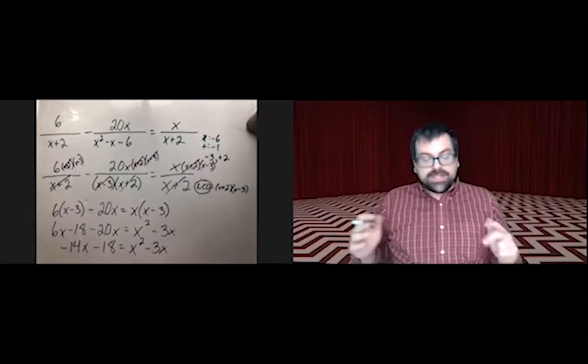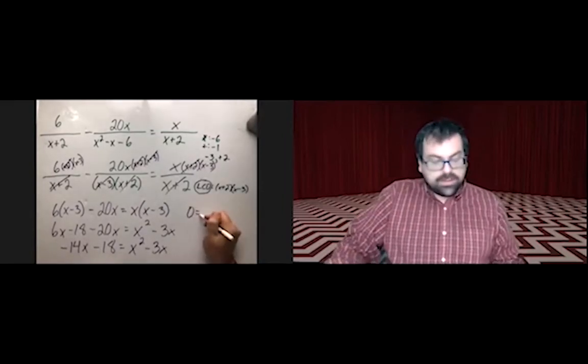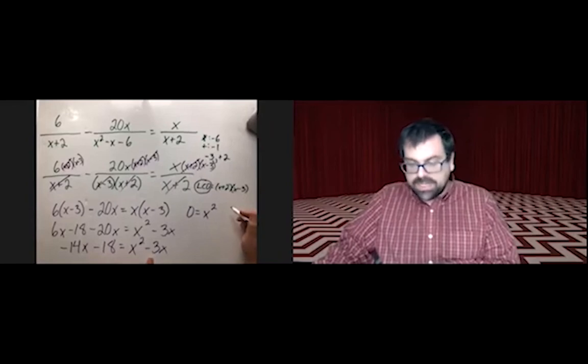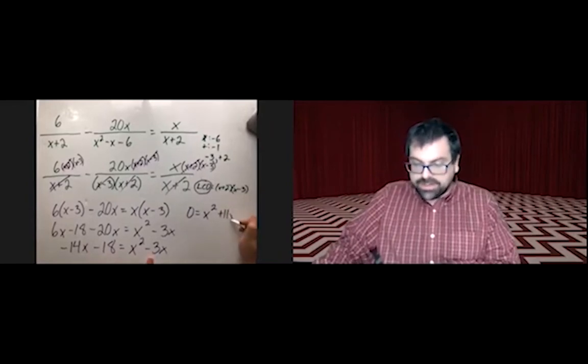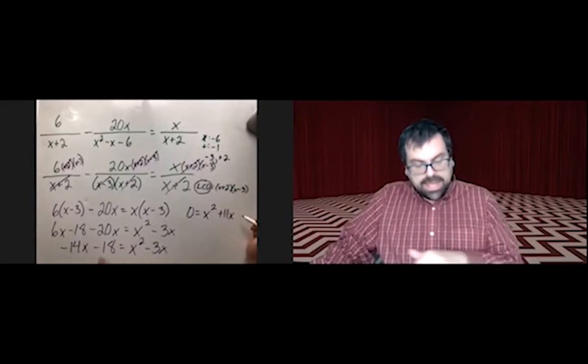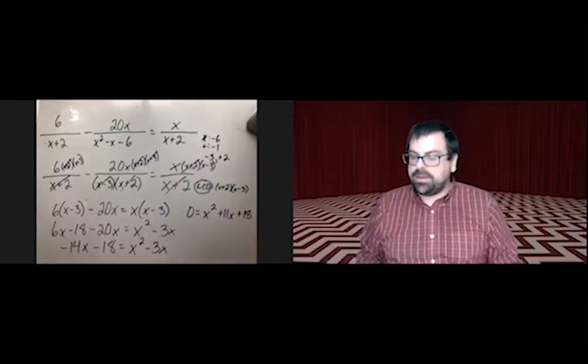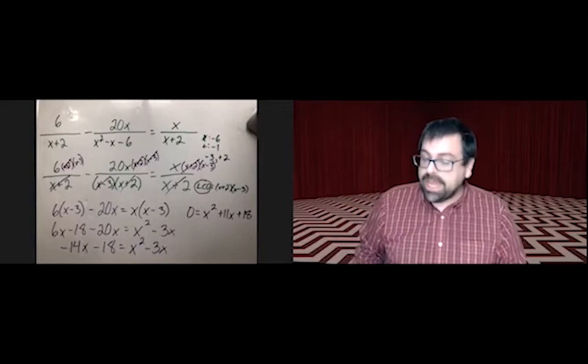Let's get everything on one side, 0 on the other. So we're going to add the 14x over, negative 3x plus 14x is plus 11x. Add the 18 over, plus 18. We're going to factor again.